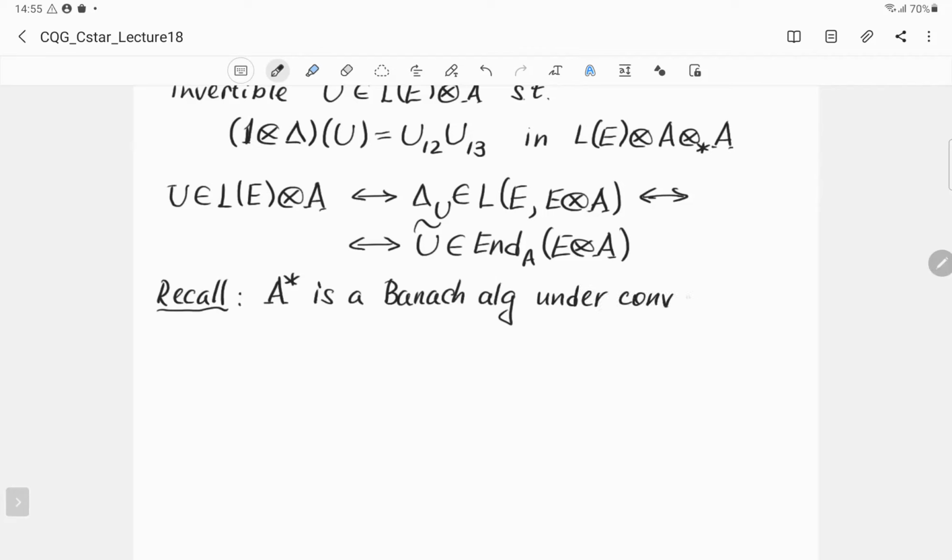And the convolution is defined as follows. If we have two continuous linear functionals f and g on A, then their convolution f star g is defined by the following formula. So here delta is the co-multiplication, and f tensor g denotes the respective linear functional on the C-star tensor product of A by itself.